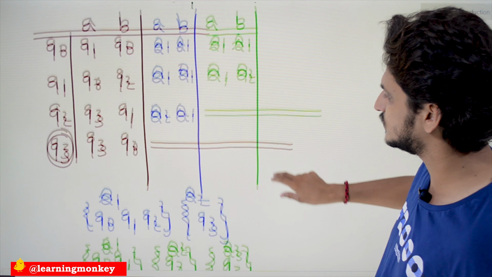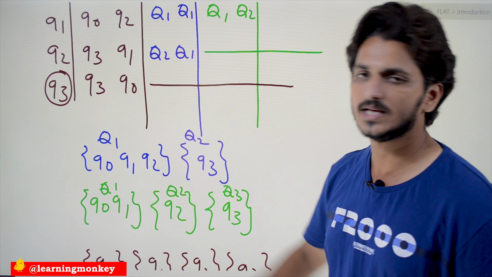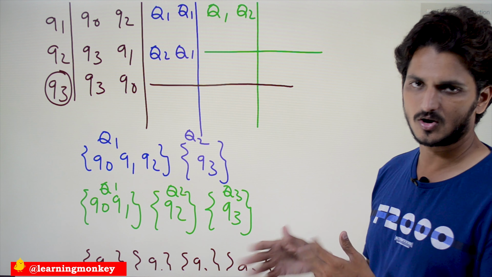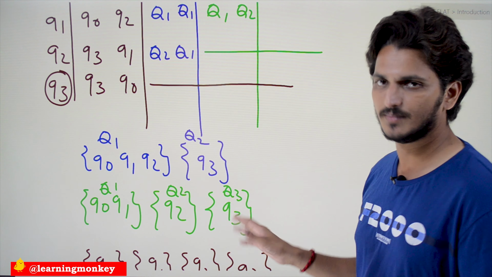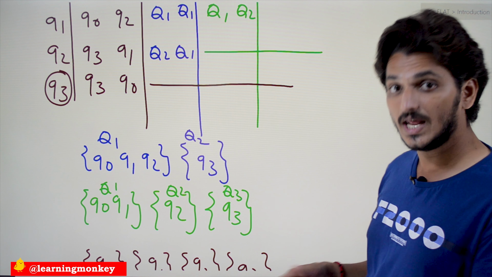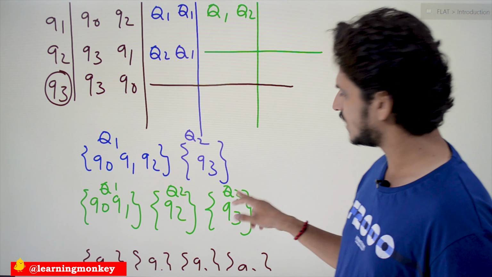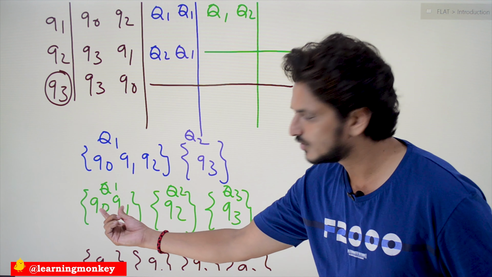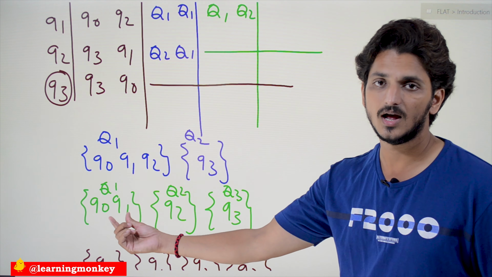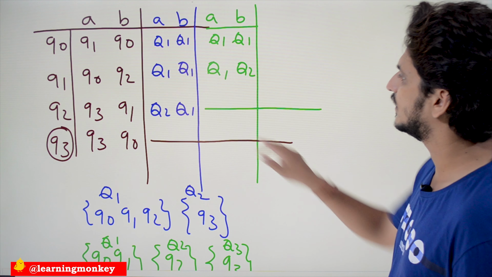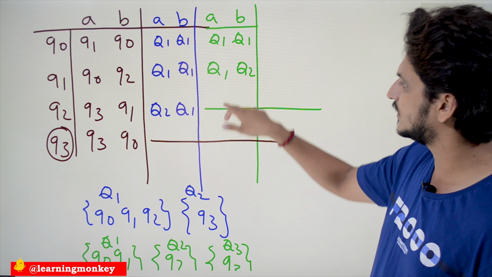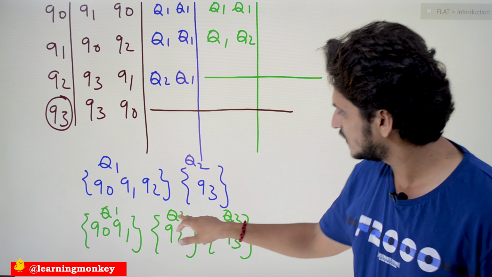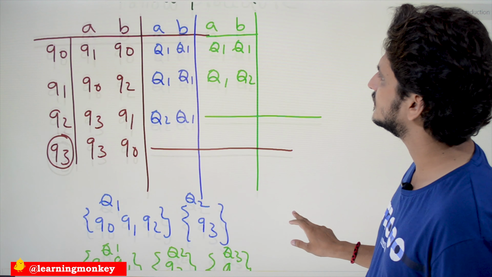So we separate Q0, Q1 as one set, Q2 as another set, and Q3, which already has a single element, as another set. We name them set Q1, set Q2 and set Q3. No need to divide these again.